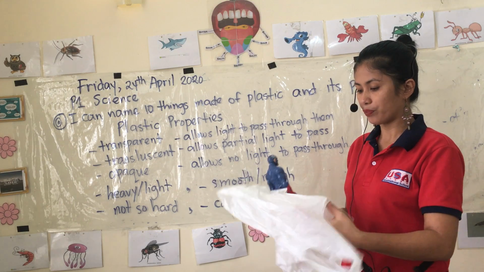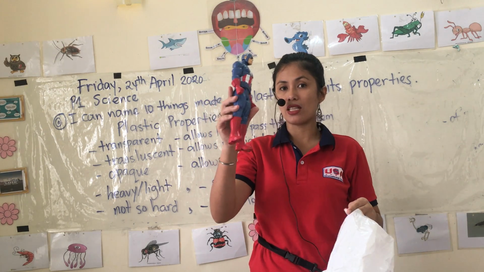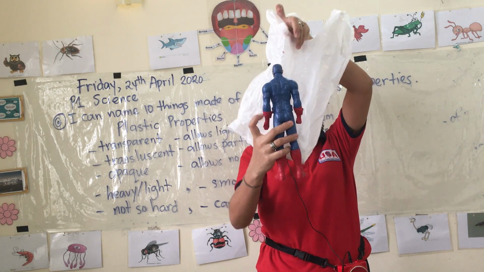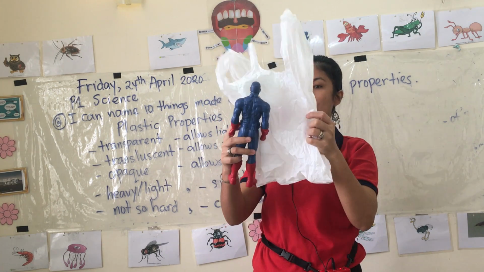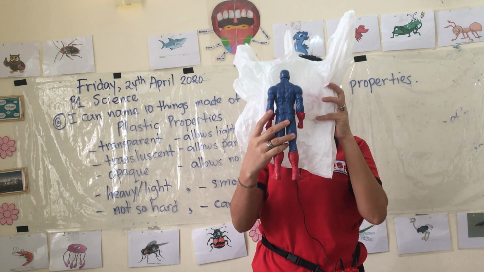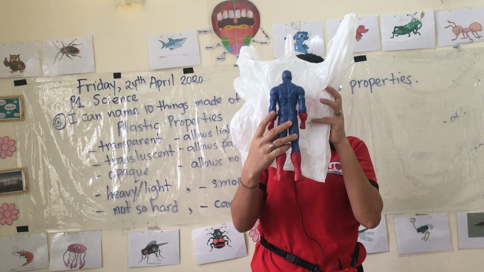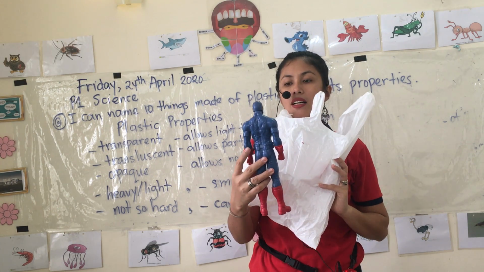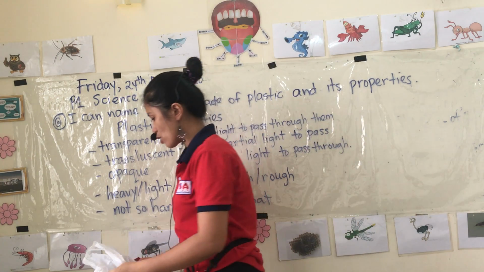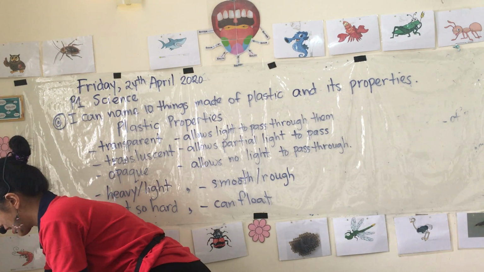For example, I'm still using this toy and I'm going to put it here. If I put it behind this plastic, I can still see a little bit of the shapes or shades of the Captain America toy. And then the last one is opaque.